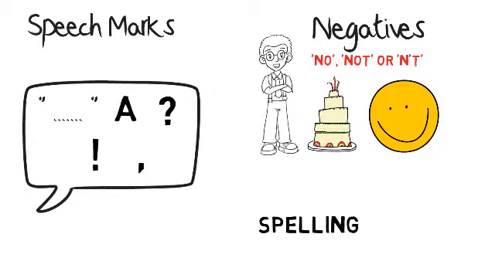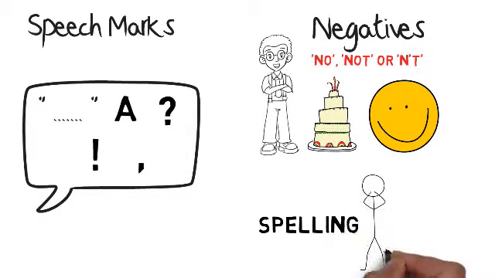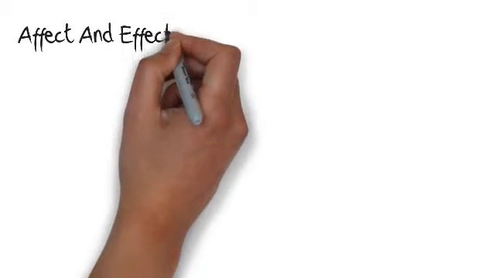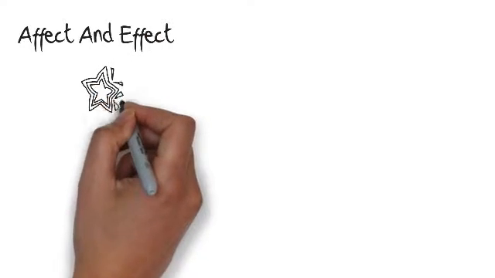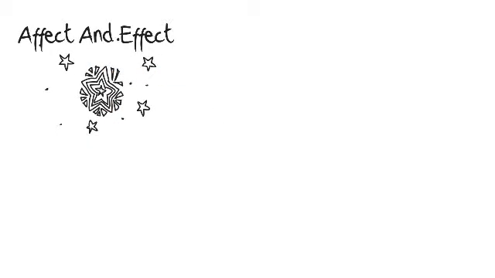Spelling. It's a common mistake to confuse words that sound similar but mean different things. Make sure you learn the difference. Affect and effect. Affect means to influence something, a verb, but effect is the result of an action, a noun.